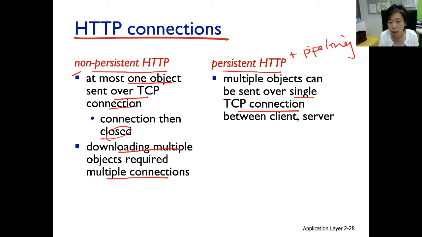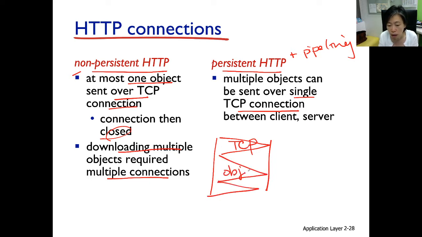All right. Now, the basic persistent HTTP mode works more like that. So you have one exchange to establish the TCP connection, and then it's just object 1, and object 2, and then object 3.